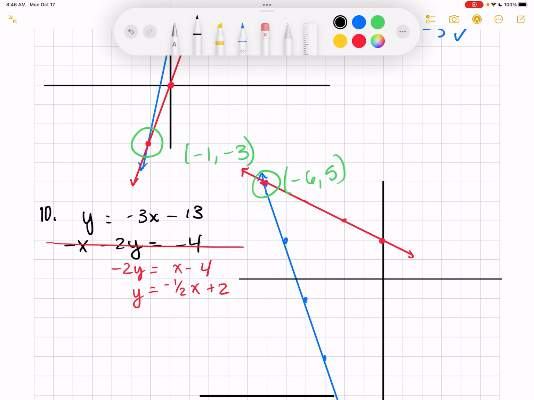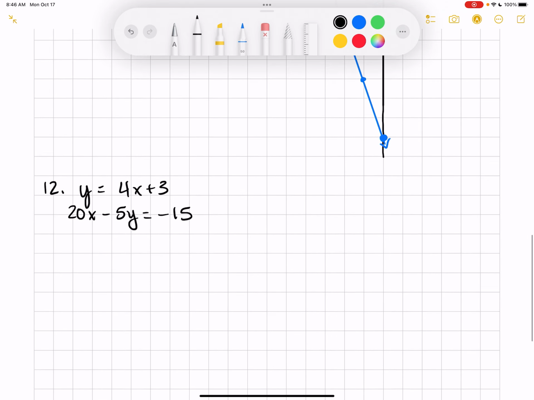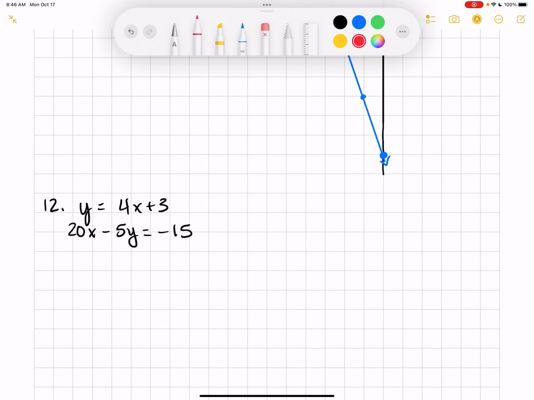I'm not going to check this one. So we need to get it in y equals mx plus b. So negative 5y equals negative 20x minus 15. If I divide by negative 5, y equals 4x plus 3.